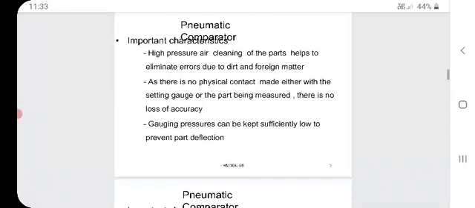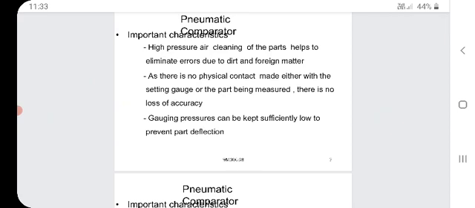Some more important characteristics now we will see. High pressure air cleaning of the parts helps to eliminate errors due to dirt and foreign matter. Foreign matter is nothing but dust particles present in the atmosphere.